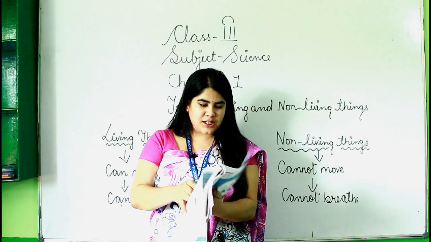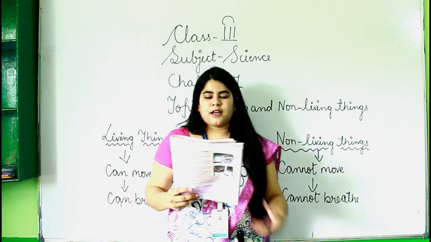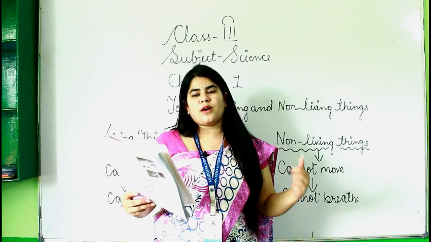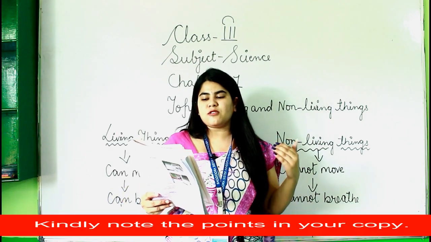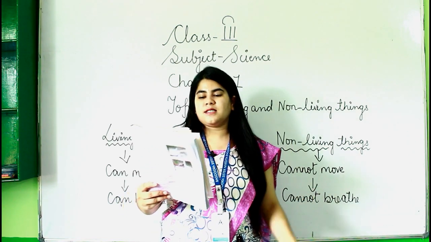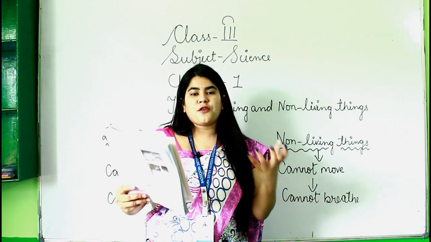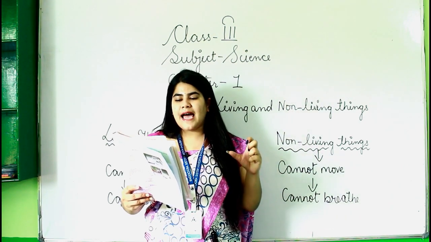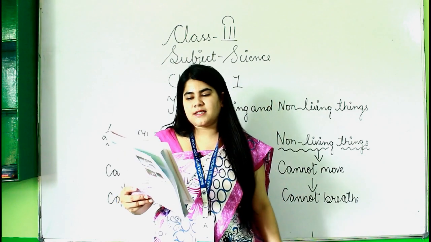Now turn to page number 10. The fifth point is living things reproduce. Now what does reproduce mean? Reproduce means to give birth to the young ones. Just like birds, fish and snakes lay eggs. Little ones hatch out of the eggs.